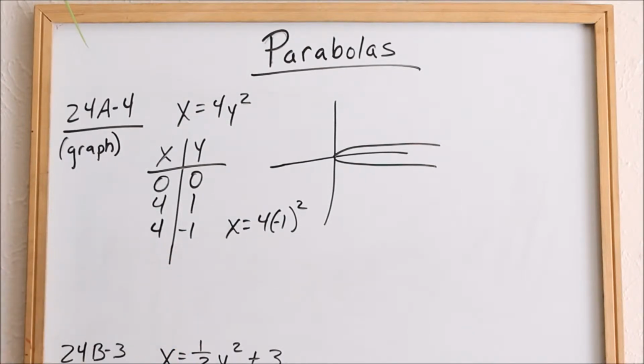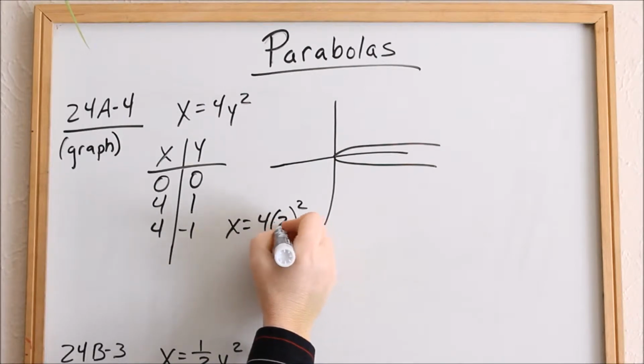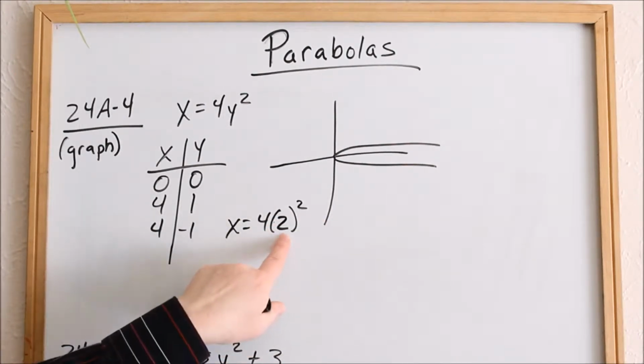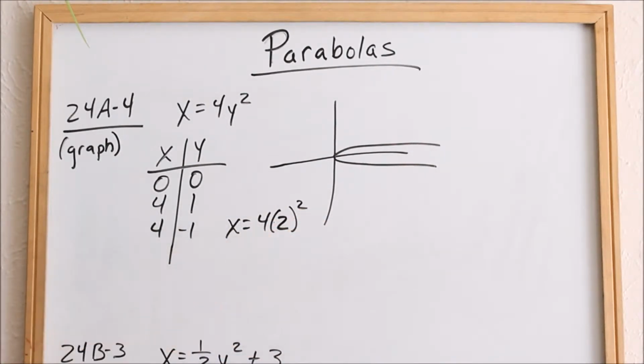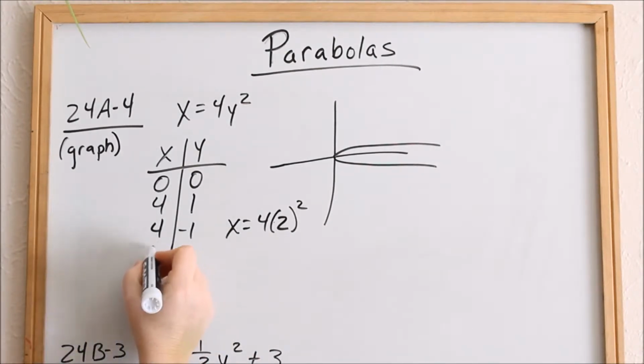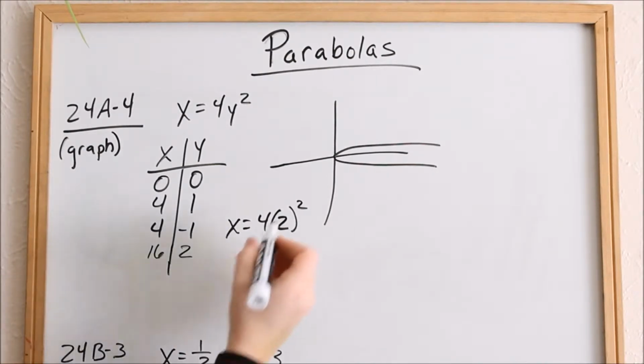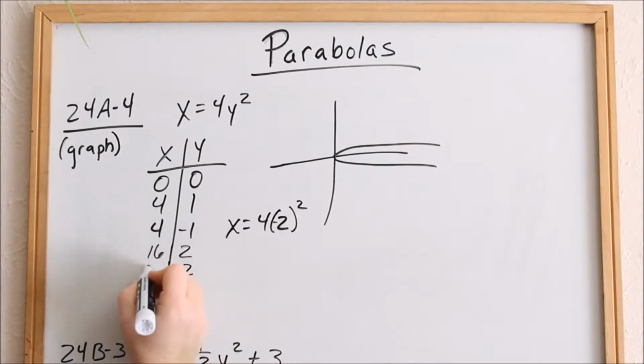And then you can go on from there. What if I put in 2? 2 squared is 4, and 4 times 4 is 16. I put in 2 for y and I got 16. These are going to be way larger numbers than my graph will probably show. Same if I put in a negative 2, I would get 16.